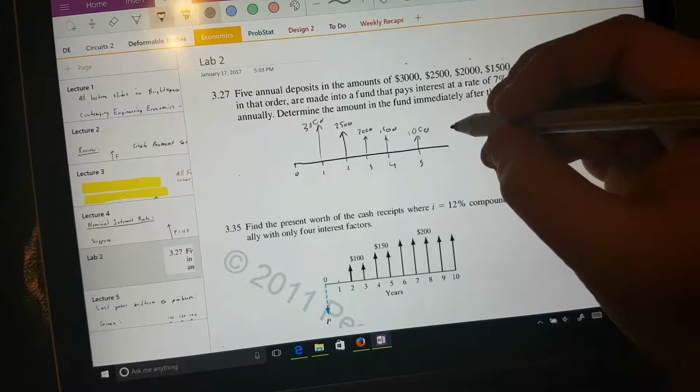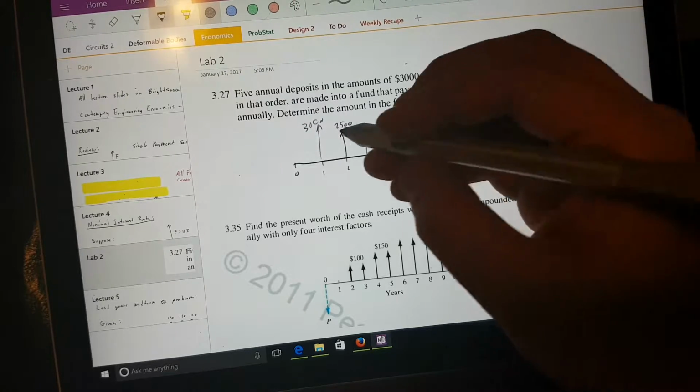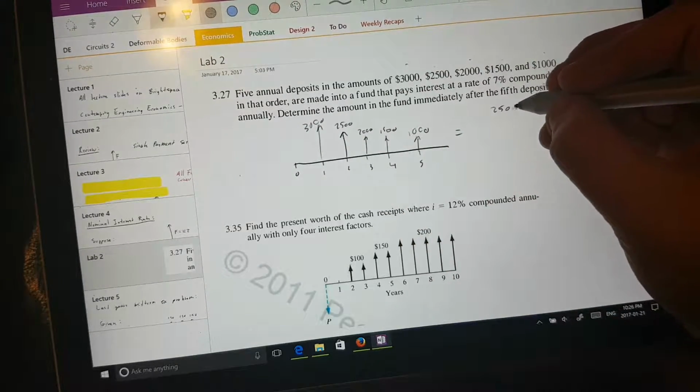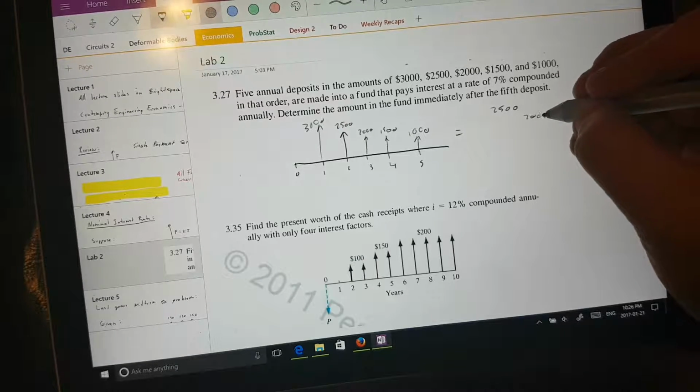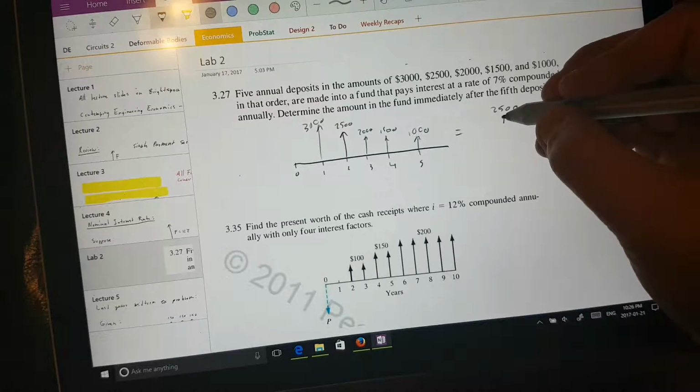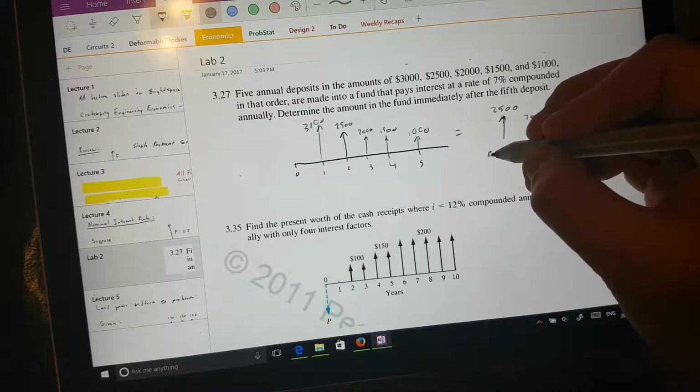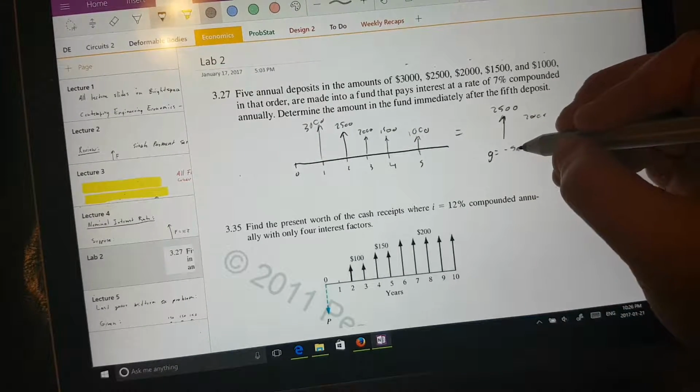So what I would do is say I'd have 2,500 and then 2,000, so I'd have a linear gradient series with G equal to minus 500.